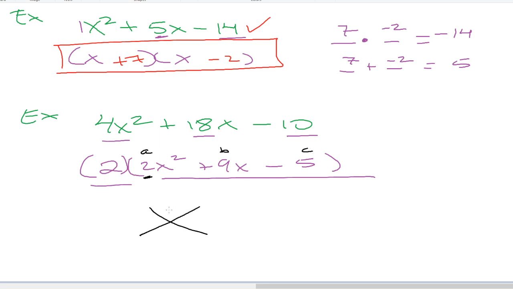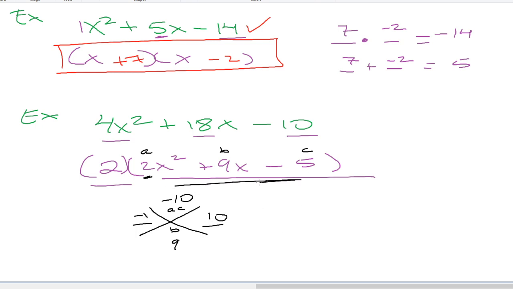When I look at the x method, this is going to be the ac, this is the b. So a times c is negative 10. The b value is 9. Now let's come up with two numbers that I can multiply to give me negative 10 and a sum of 9. So I can do 10 times negative 1.